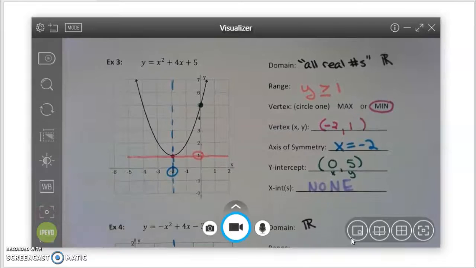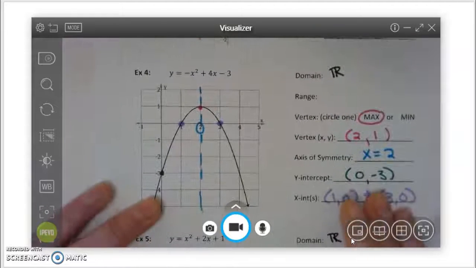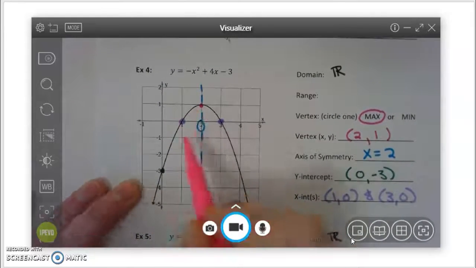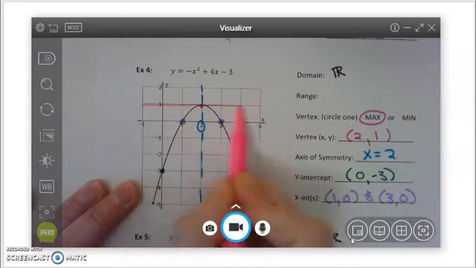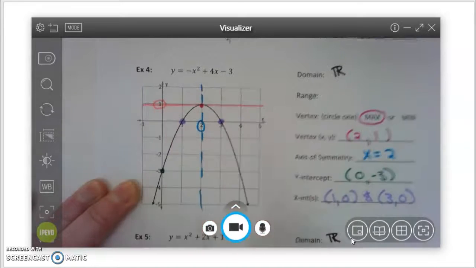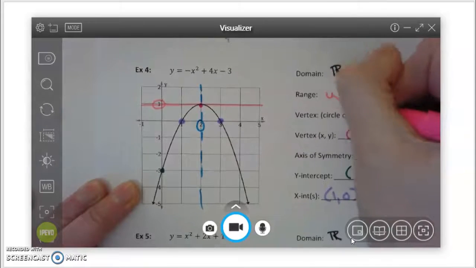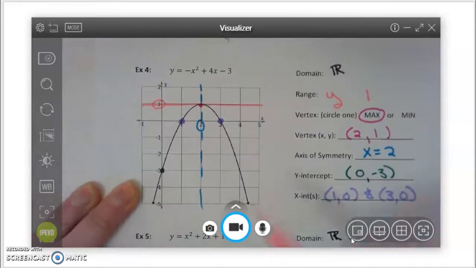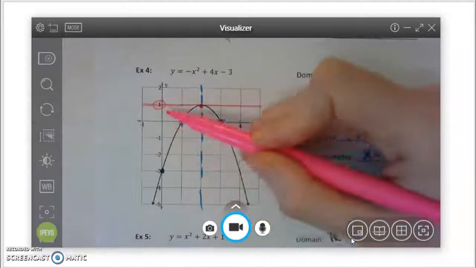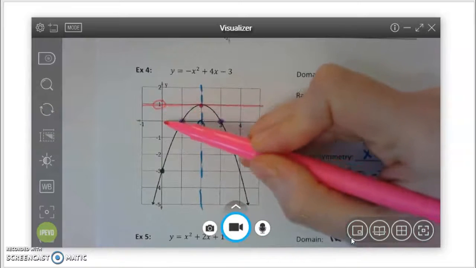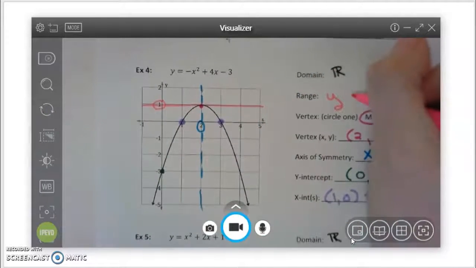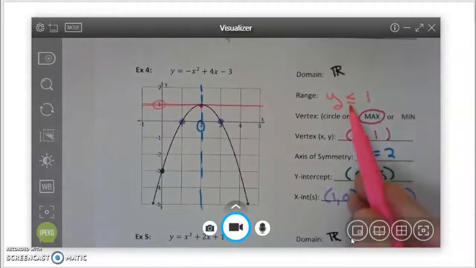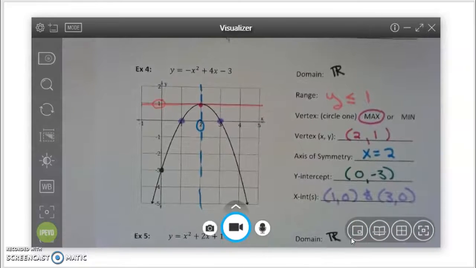So let's get more practice with range. Okay, on this one, it doesn't have a lowest point, but it does have a highest point. The highest point, the y value is 1. So I'm comparing y to 1. This time, the arrows are moving down, and if you look at the y-axis, it goes 1, 0, -1, -2. Those values are decreasing, so you want the less than or equal to sign.